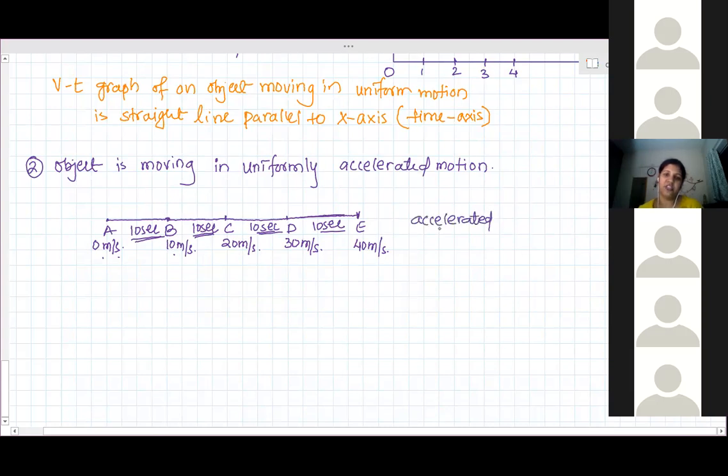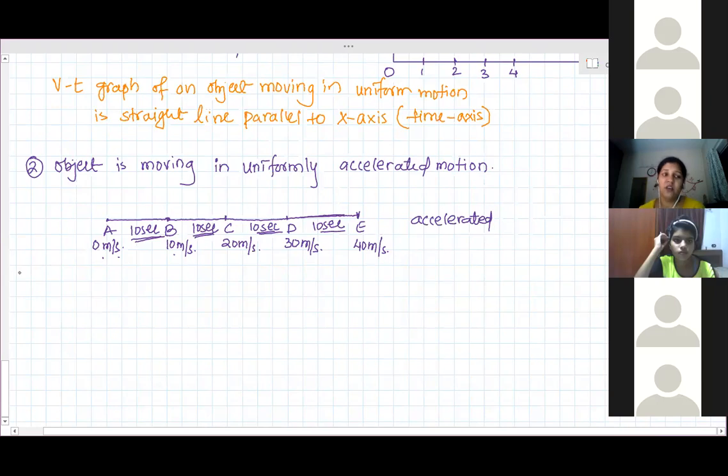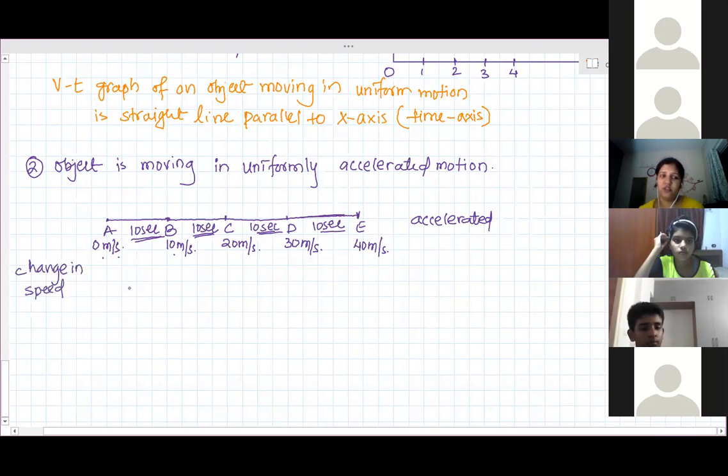Accelerated is when there is a change in speed. So at every interval, what is the value of change in speed? 10 meter per second. In the first 10 seconds, what is the change in speed? 0 to 10 meter per second, so 10 minus 0.